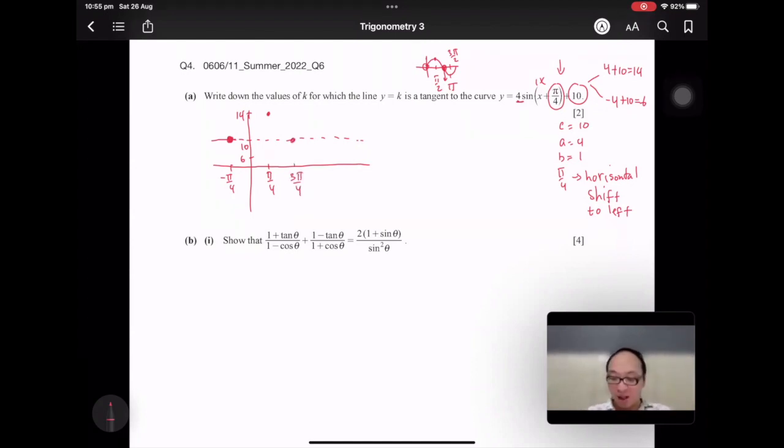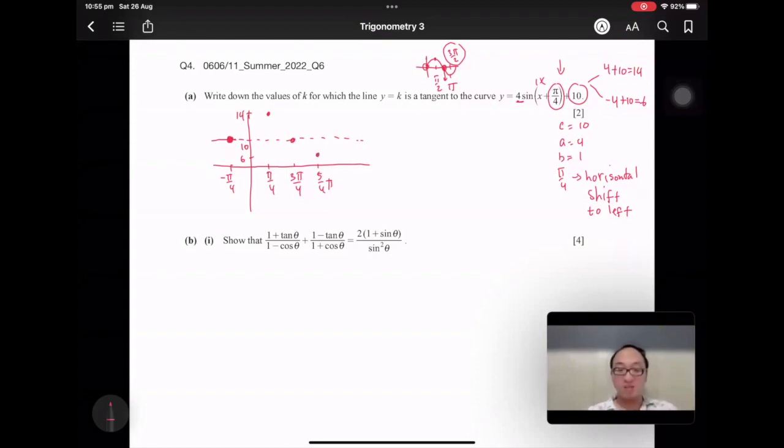And then minimum at 3 over 2 pi. So we shift again to the left, minus pi over 4. So 3 over 2 pi minus pi over 4 equals 5 over 4 pi. So this will be 5 over 4 pi. So minimum here at 6.